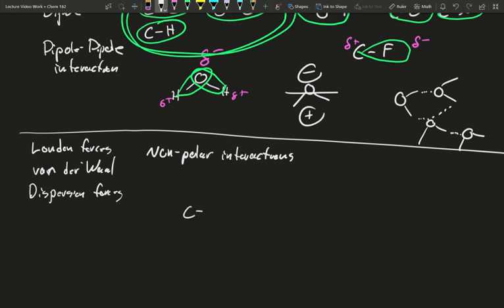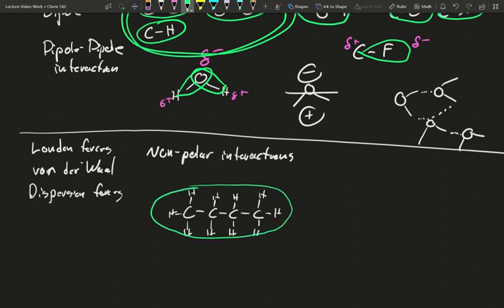When I've got a carbon molecule, let's say butane, it'll have hydrogens, and none of these bonds are polar. This means the electrons are fairly evenly spread out, and we can kind of imagine that on average, they just spread out more or less over the shape.